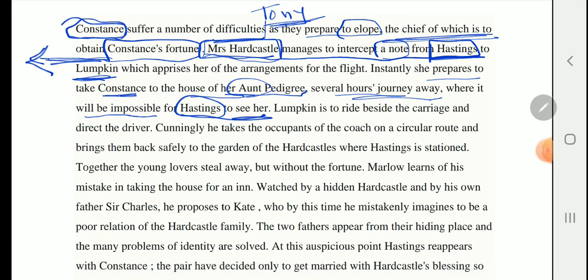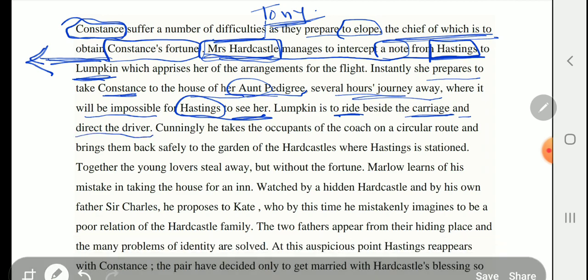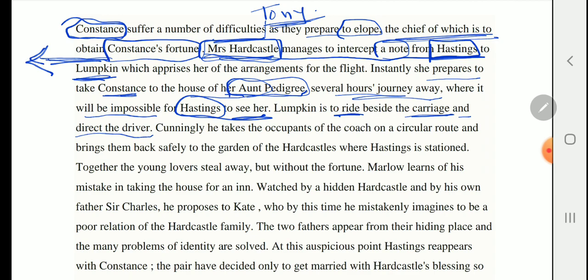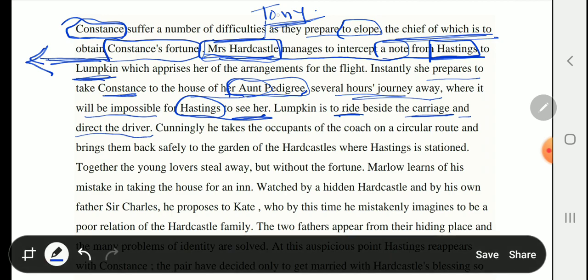So Mrs. Hardcastle told Tony to ride beside the carriage and direct the driver to Aunt Pedigree's house. Okay, so what Tony did, he's cunning and he's a very tricky person.